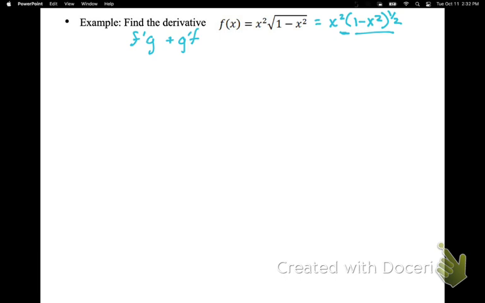So f is going to be your x squared and g is going to be this composition. Yes? Okay, so what is the derivative of x squared? 2x. Okay, so I have 2x and then just times g, the whole thing. So 1 minus x squared to the 1/2.